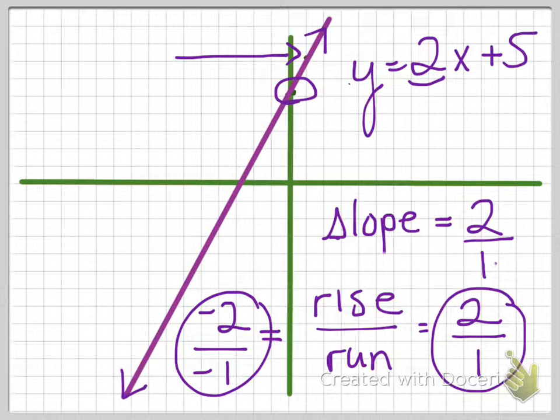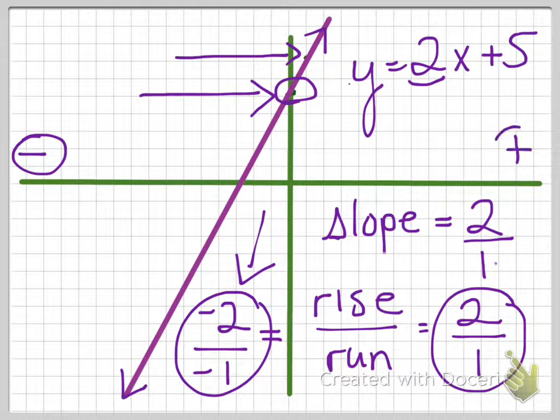So let's take a look at this point, not the last point, but this point. I said that if I do my rise-run combo from any point along the line, I'll hit another point on the line, and let me show you that. If I rise a -2, because I don't want to go up, I want to go down, that's a drop of 2, and let me run a -1, which is a run towards the negatives instead of the positives.